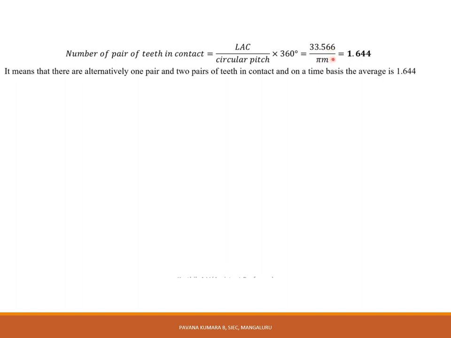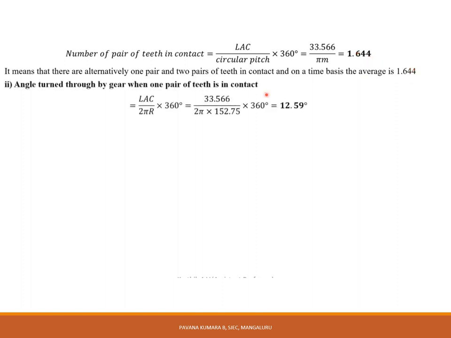So m is also already given. From that expression you can determine the number of pairs of teeth in contact. It means that there are alternately one pair and two pairs of teeth in contact, and on a time basis the average is 1.6444.